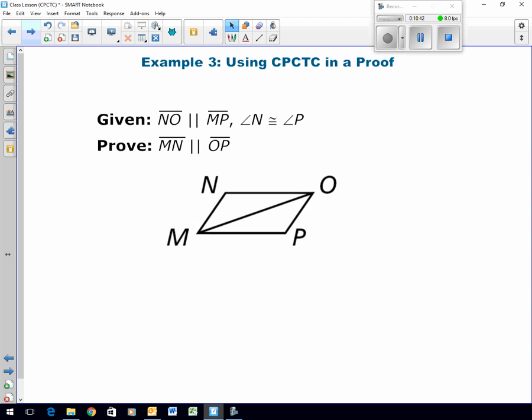I'm going to introduce you to a parallelogram. But there are some things that we should be able to see even without that. Write this down, please.